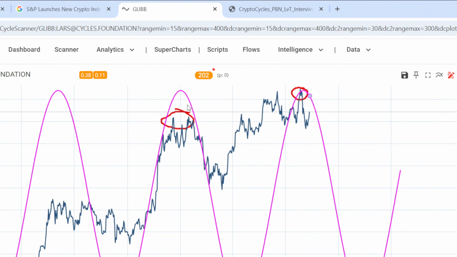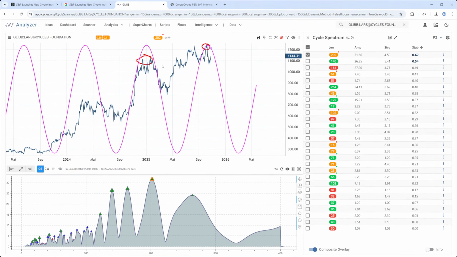So if we zoom in, it really nicely also picked the previous two tops. I mean, if this is a top, it needs to be seen moving forward in time, but from a longer term perspective, it really worked out to bring that shaped cycle into play again.